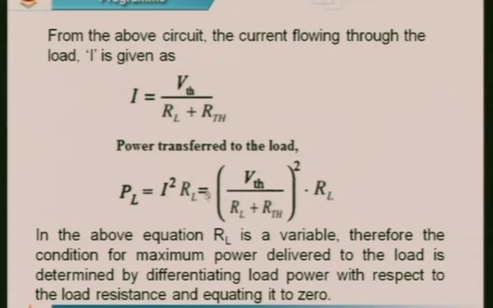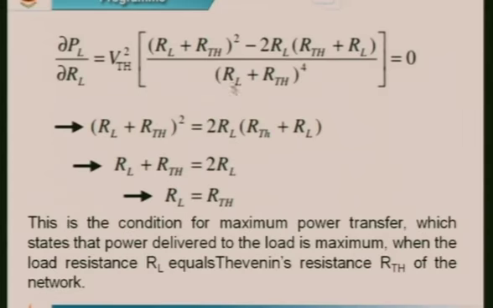So this is going to be squared, and then keeping this as it is, differentiate the numerator, minus keeping the numerator as it is, differentiate the denominator. That's what is being done here. RL plus R Thevenin to the power of 4, RL plus R Thevenin square, minus, so differentiating the denominator.